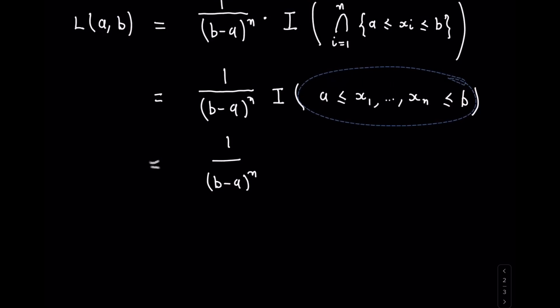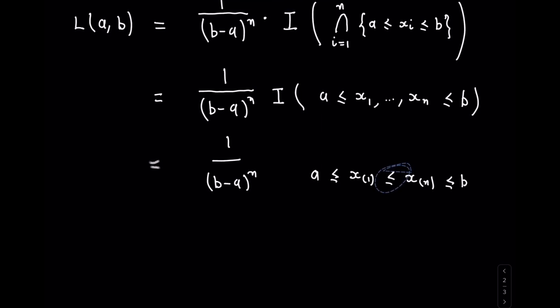This is the equivalent of saying that the first term, the lowest term, which we usually denote as x subscript (1) with brackets, is greater than A, and it's also the equivalent of saying that the greatest term, which we write as x subscript (n) in brackets, is less than or equal to B. And of course, the inequality in the middle has to be true based on the definition of what those two components are.